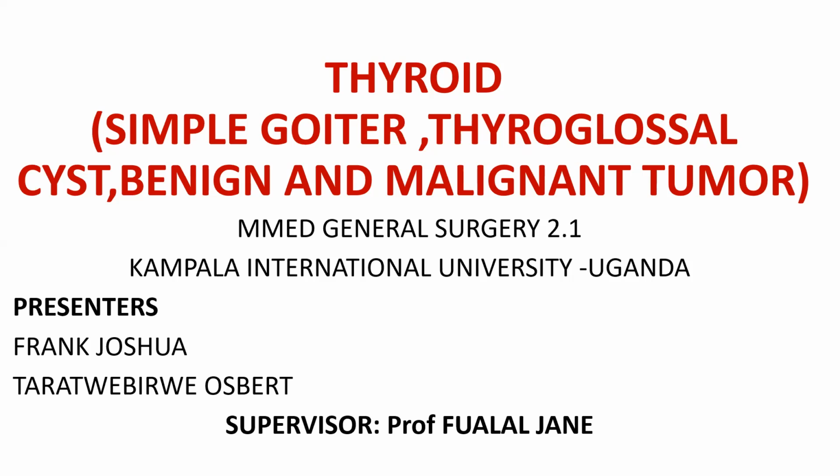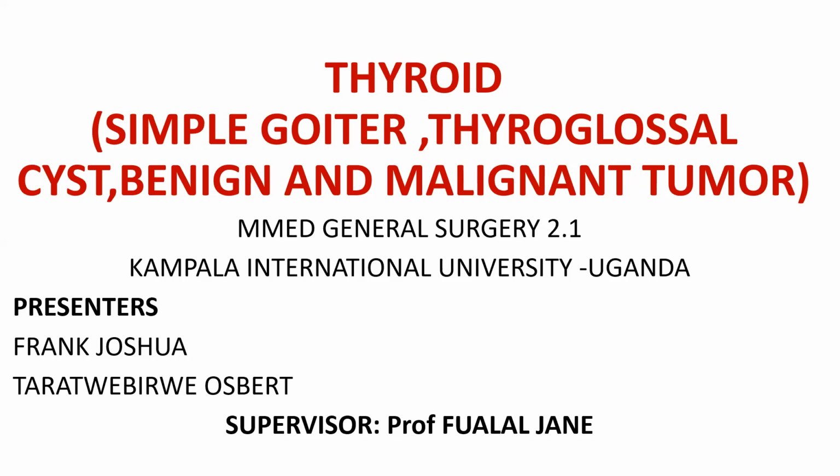Currently, we don't commonly talk about subtotal thyroidectomy, because subtotal thyroidectomy in the past used to be done for hyperthyroid cases. Subtotal meaning on either side you are leaving some thyroid tissue, because usually in hyperthyroidism you find a diffuse enlargement of the thyroid gland.